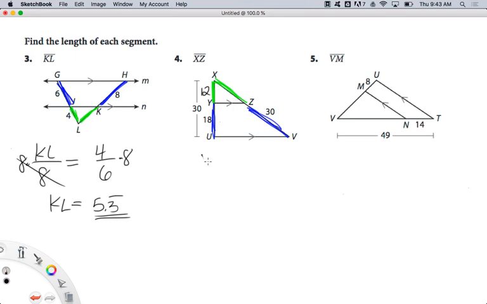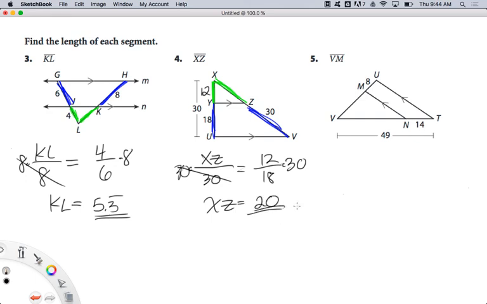Once I've got that, it's simple. XZ over 30 equals 12 over 18. I multiply both sides by 30 to solve, and I get XZ equals 20. Any questions on that one? All right, number 5, do it on your own.